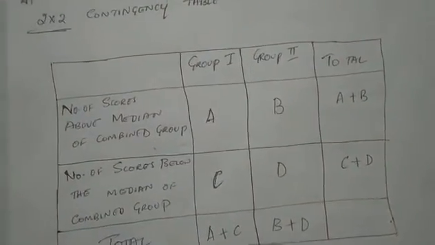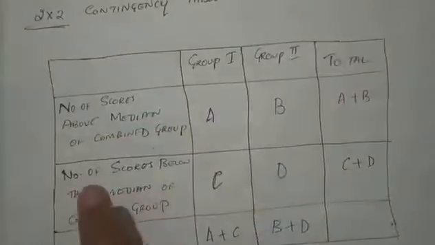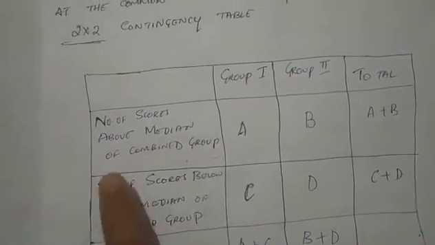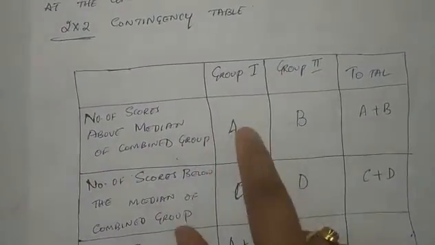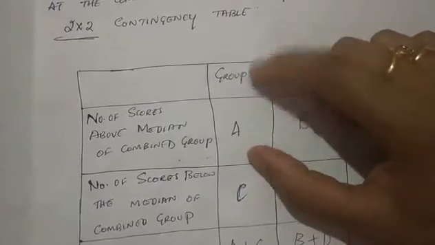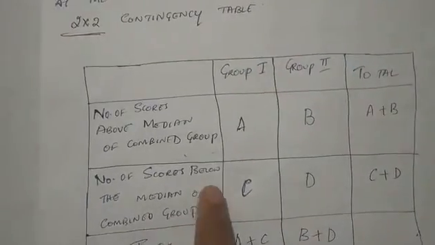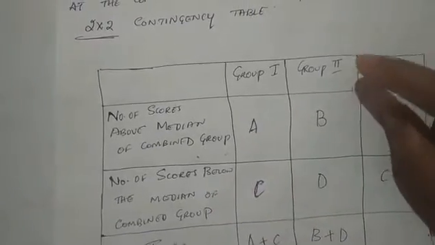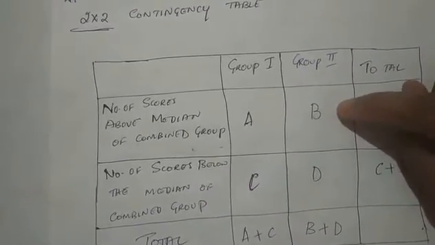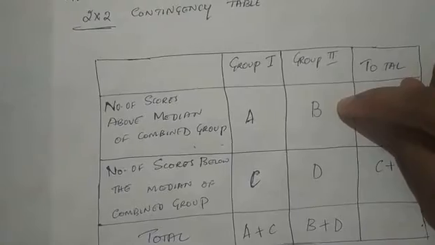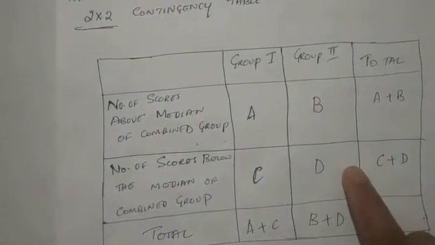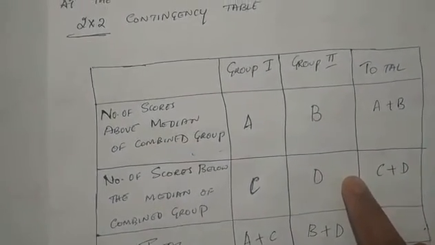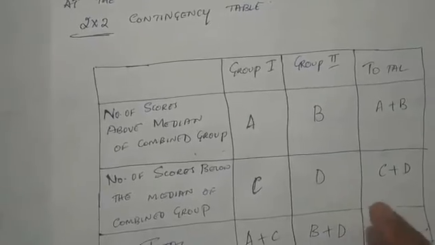The number of scores above the median of the combined group for group 1 goes under A, and the number of scores below the median of the combined group goes under C. Then the number of scores above the median of the combined group for group 2, and the number of scores below the median of the combined group for group 2.